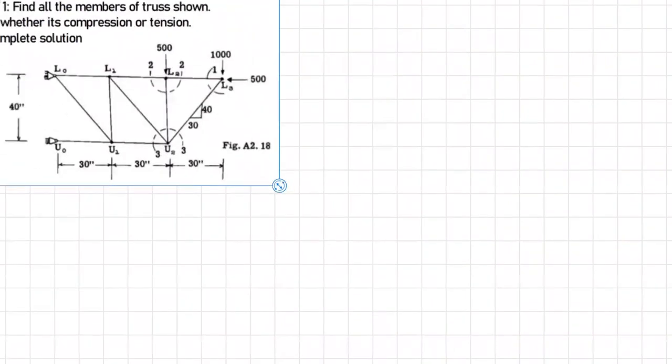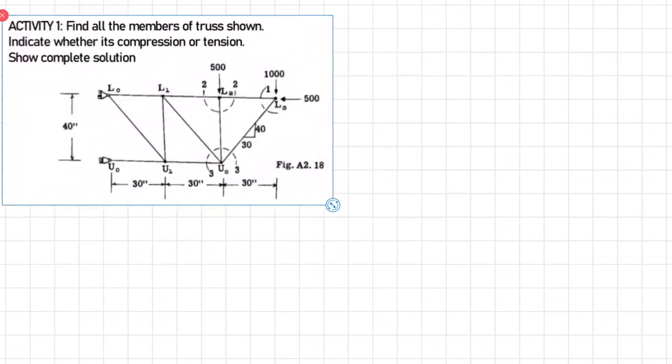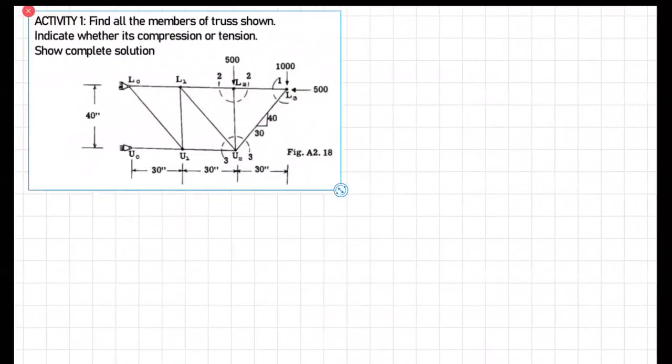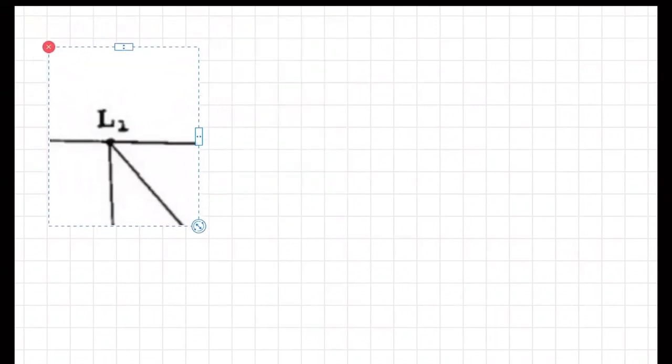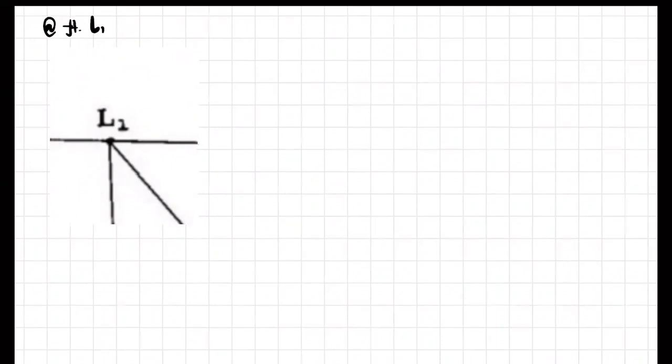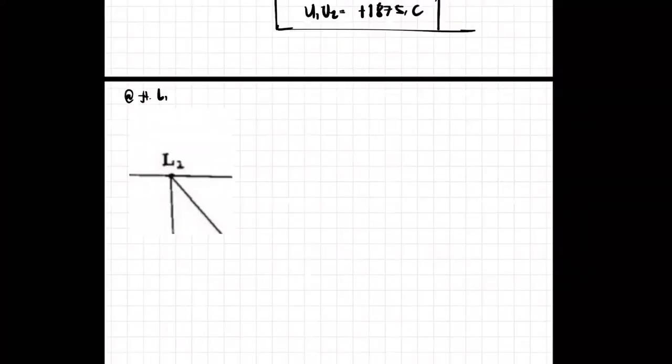Paste ko lang, no? Okay. And then yung kakrap natin. Yung U1, L1. Okay, sorry, that is L1. Okay, so that is joint at joint L1. Okay, sa joint L1, we have L1 to L2. Okay.